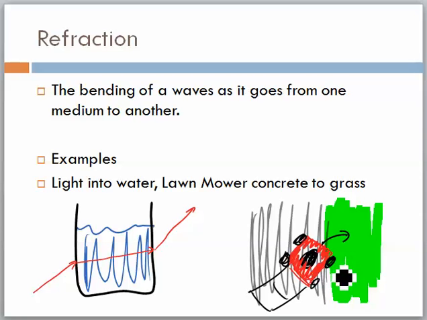It's going to move slower because of the friction, and it changes direction. So that's also an example of what refraction somewhat does. We'll go into a more direct definition later, but I want you to understand that refraction is the bending.